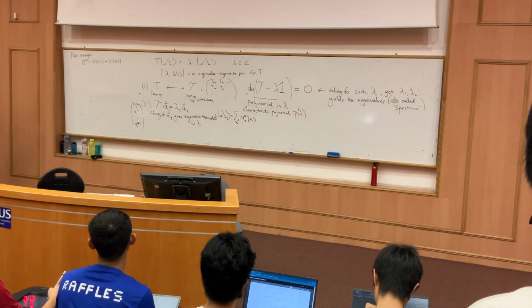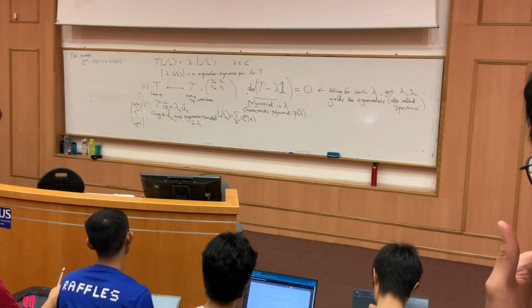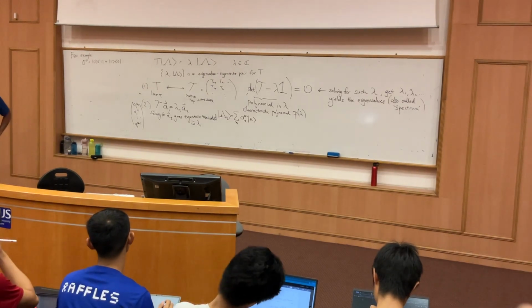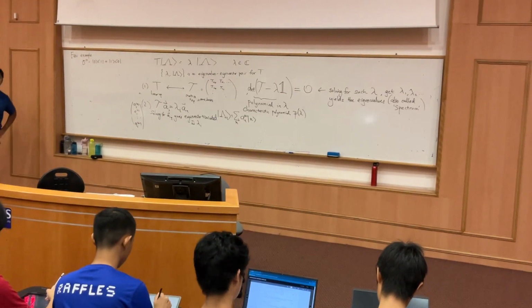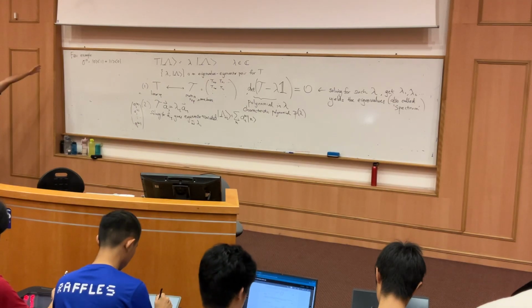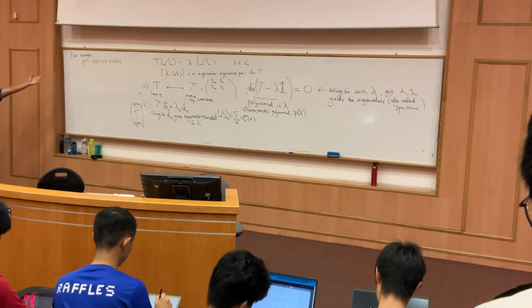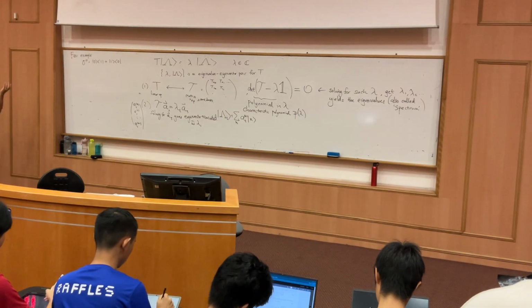If I give you this operator and ask you to find its eigenvalues and eigenvectors, let's proceed. First, let's express it in terms of a matrix, and one choice could be expressing it in the basis of 0 and 1, as it's written here. We don't have to, but let's just do it.